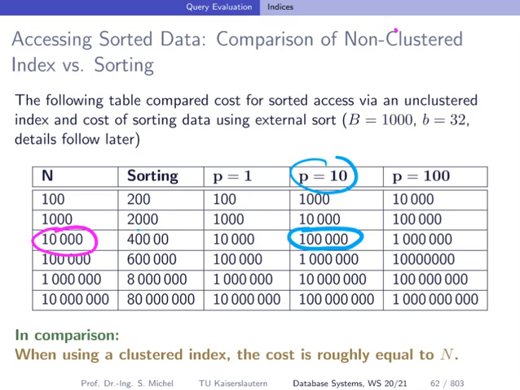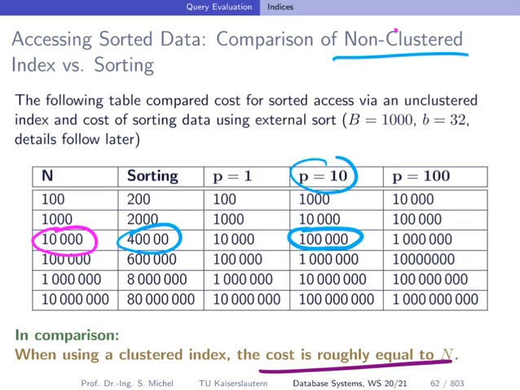Sorting costs 40,000 only. So sorting the entire file of 10,000 pages is cheaper than using an already existing non-clustered index. Again, if this index was sorted, it's super cheap, right? As we see here. If this file will be sorted, when we have a clustered index, the cost is super cheap. But here in the table, you see the cost for a non-clustered index.